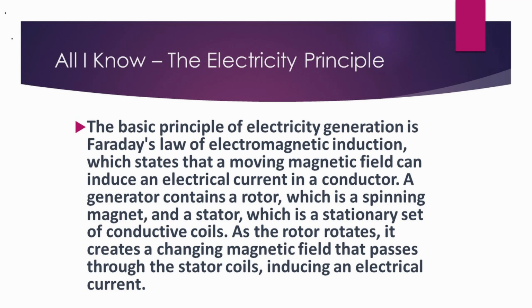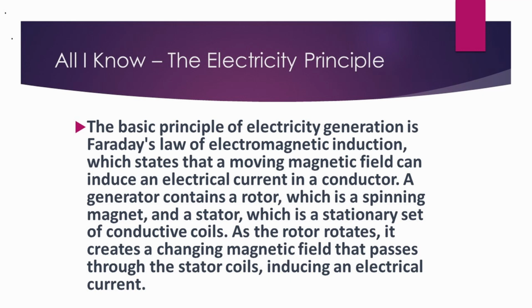The basic principle of electricity generation is Faraday's law of electromagnetic induction, which states that a moving magnetic field can induce an electrical current in a conductor. A generator contains a rotor, which is a spinning magnet, and a stator, which is a stationary set of conductive coils.